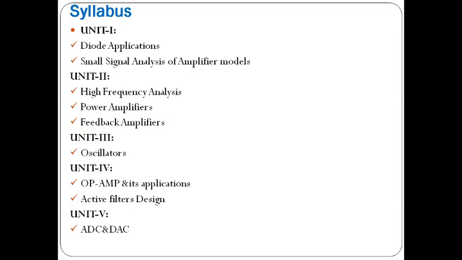In the fourth chapter, we will discuss the operational amplifier and its applications like logarithmic amplifier, multipliers, comparators, detectors, Schmitt trigger, etc. In this chapter, we'll discuss the active filter design.